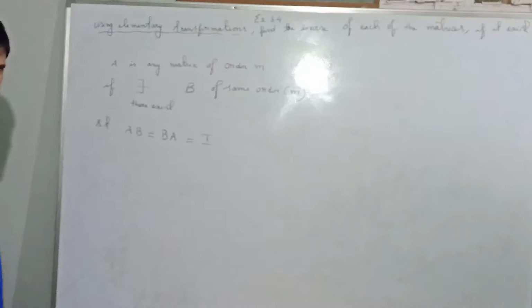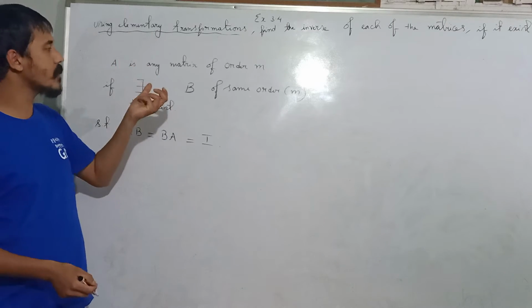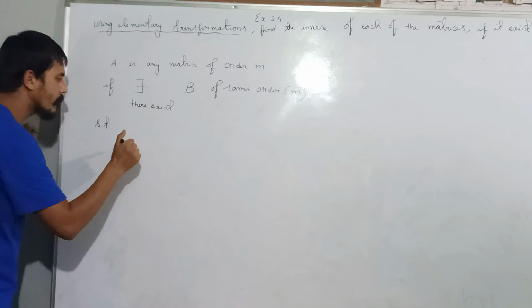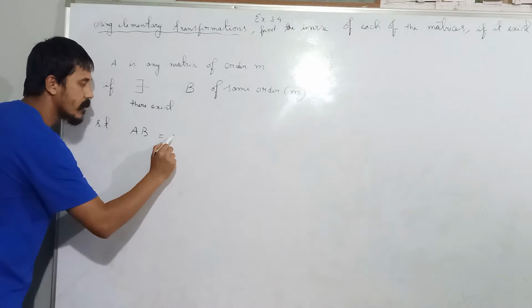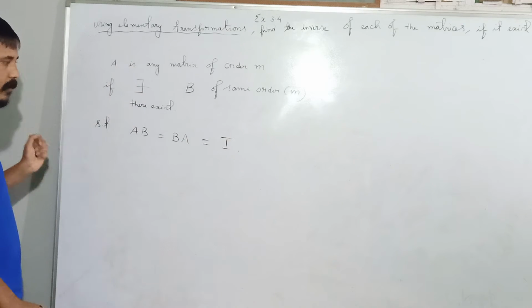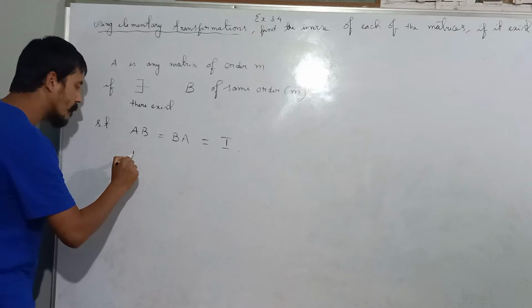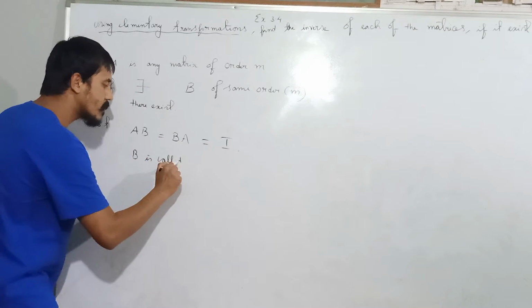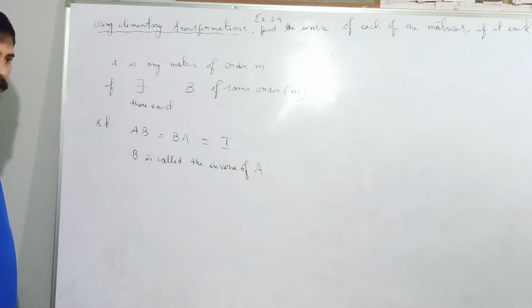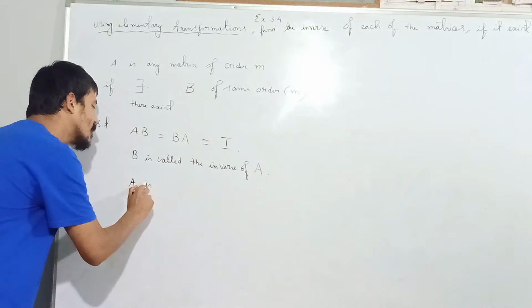Are you following that? If A times B is your identity matrix, and B times A is also your identity matrix, then in that case B is called the inverse of A. That means A inverse is there, and that is B. Then we say that A is invertible.